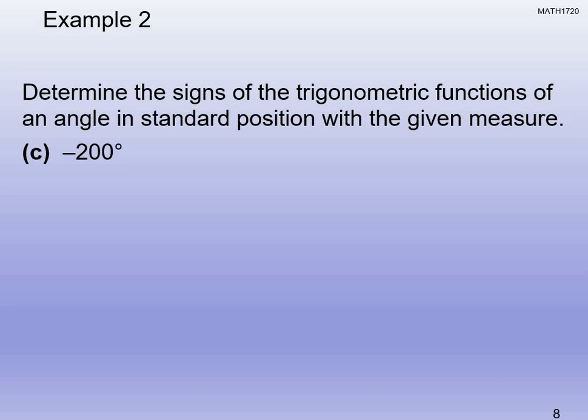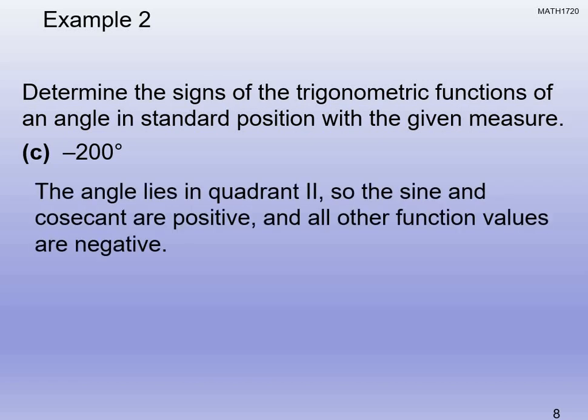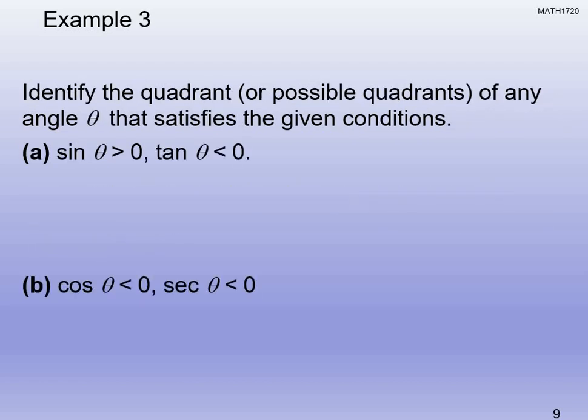So what's positive in the second quadrant? Sine and cosecant. Everybody else is negative. So it's about making sure that we understand how those angles get into those quadrants. Okay, so let's identify a quadrant, if possible, that satisfies these conditions.